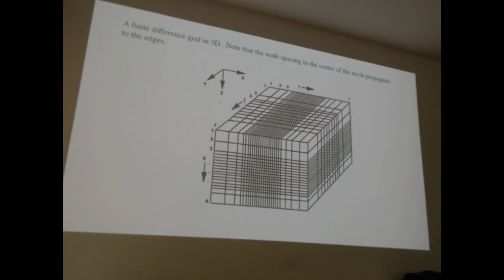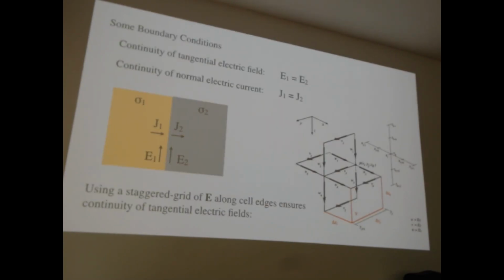In practice, in 3D, you want to start increasing the mesh spacing at the edges of the model, otherwise your model gets too big. But the problem with using a fixed mesh structure is that if you've got fine grids in the middle of the model, they tend to propagate out because you have to use more points.